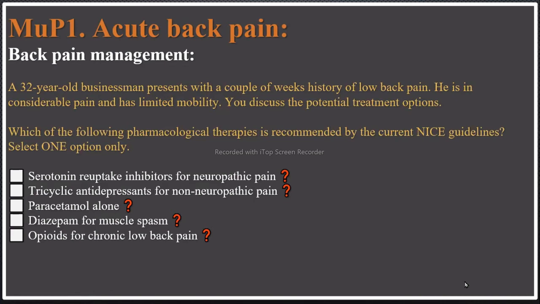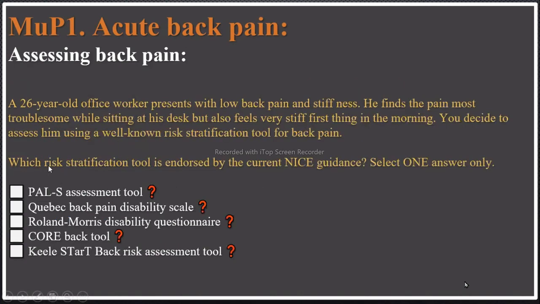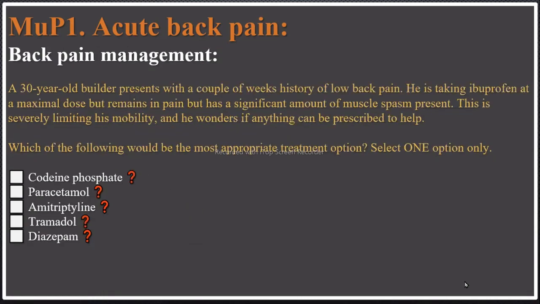Diazepam for muscle spasm. Okay, diazepam for muscle spasm. Which risk stratification tool is endorsed by current NICE guidelines? STarT Back. Okay, the STarT Back risk assessment tool.